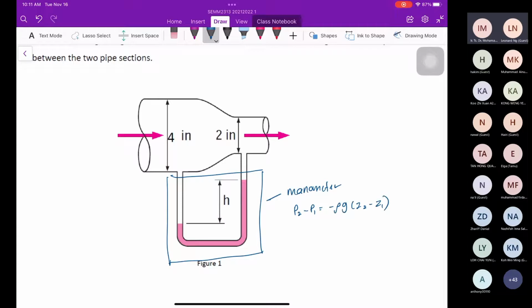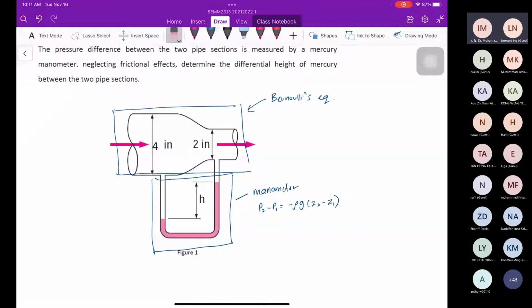And then there is the flow, which means we can use the Bernoulli equation. Can you see? We have two concepts that need to be combined: manometer and Bernoulli.